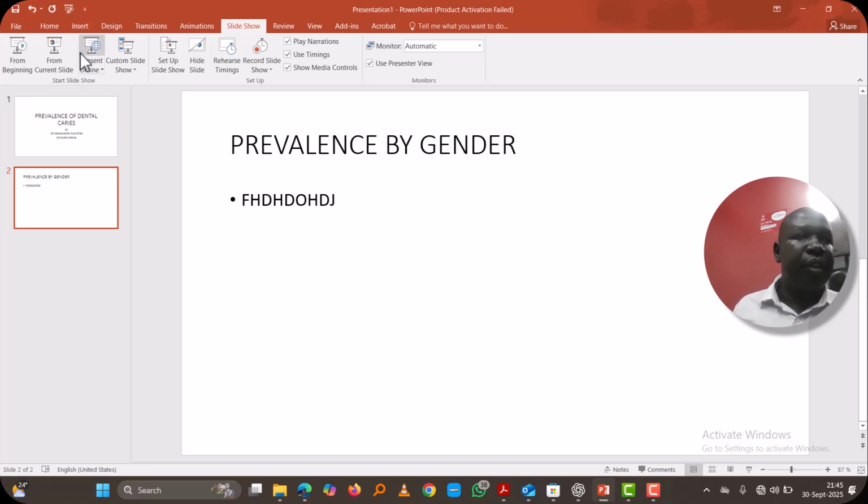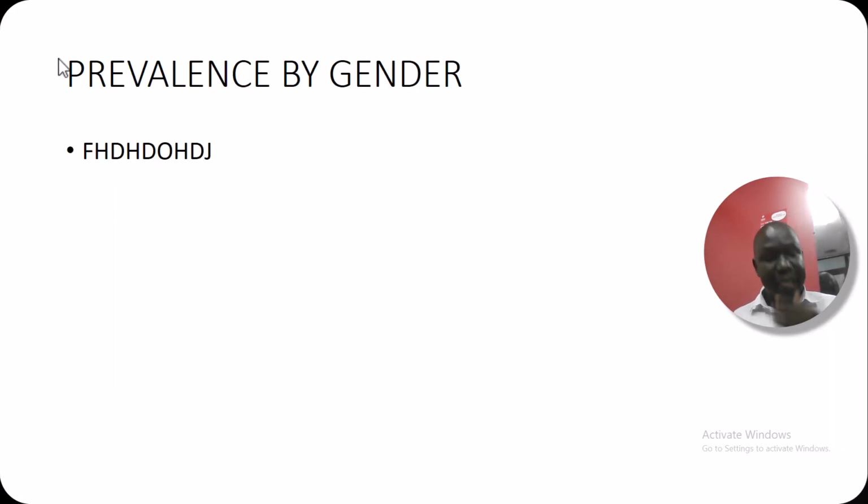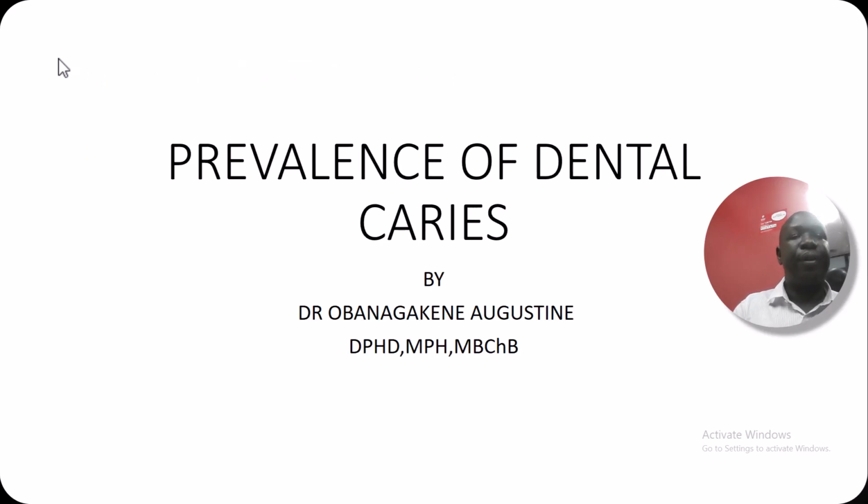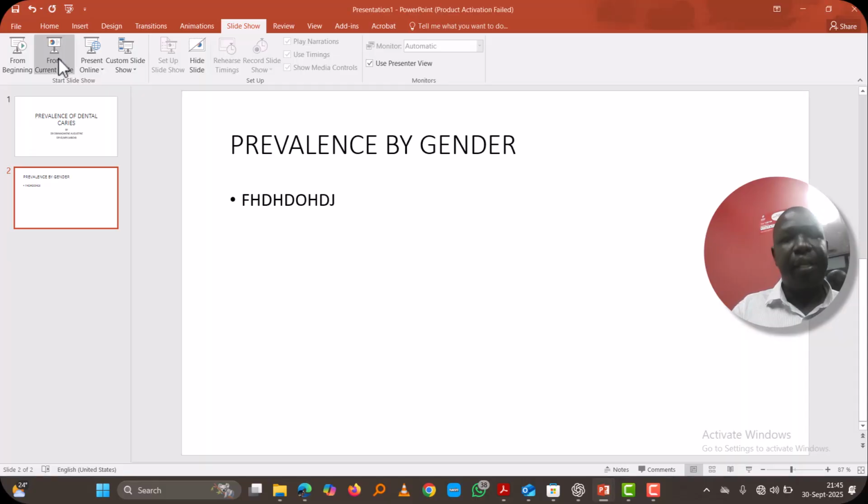If you want from the current slide, you click on current slide, then it definitely takes you there. You can keep going back or forward or whatsoever you want. Just like that. So there are a number of other things you can apply in your work.